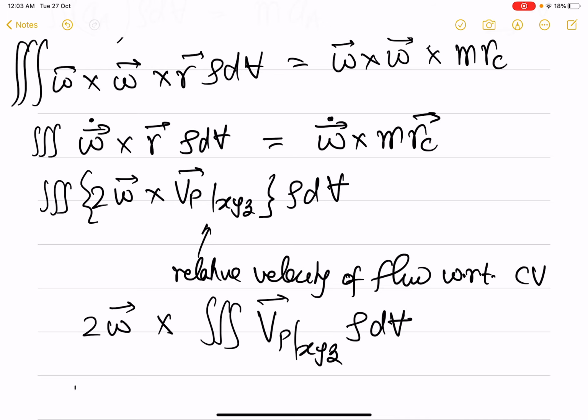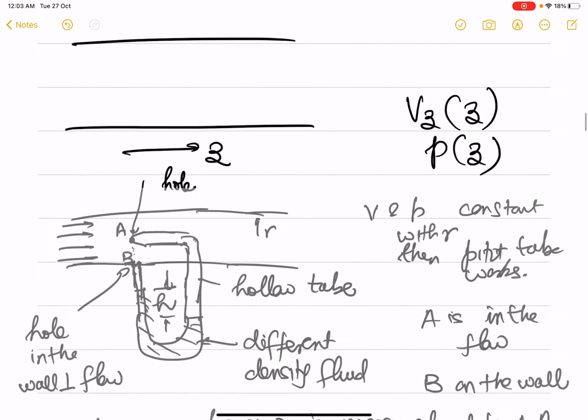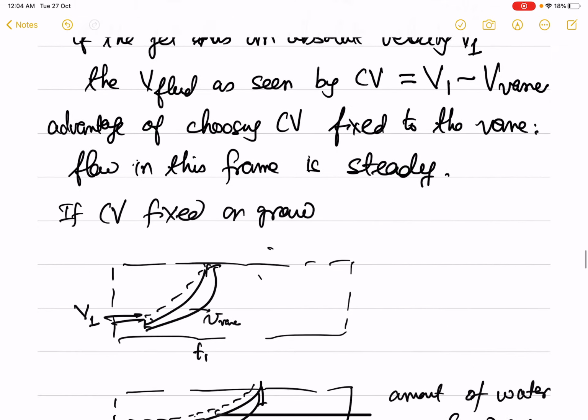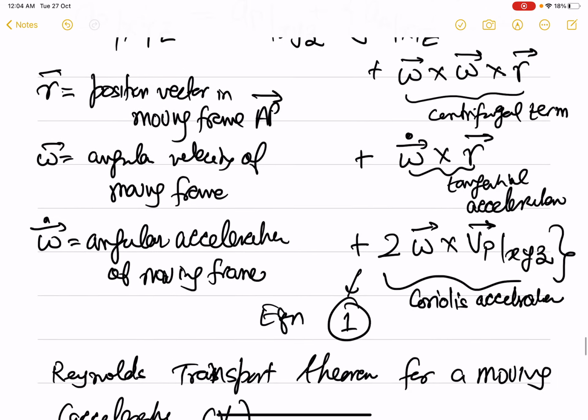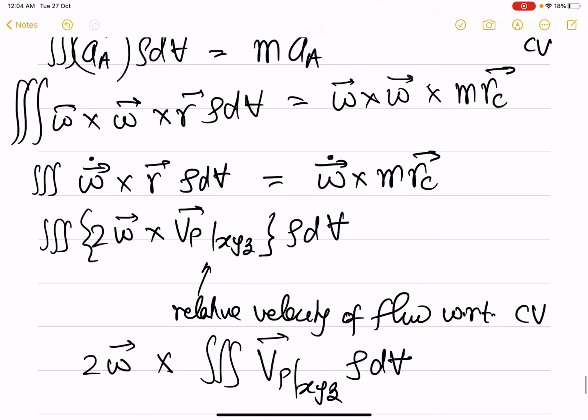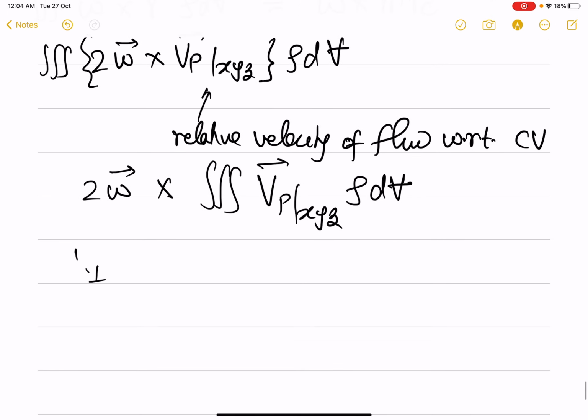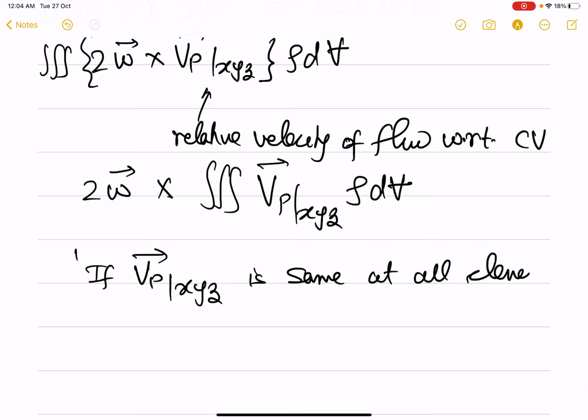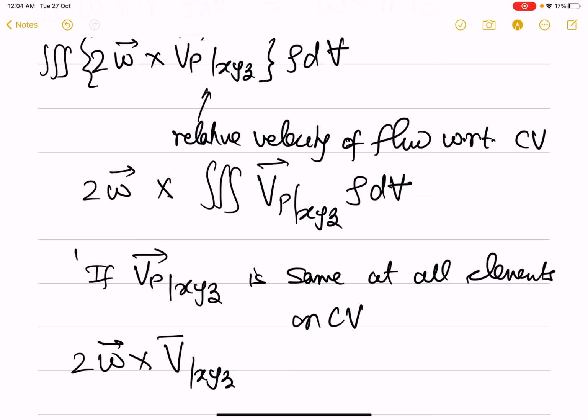If this relative velocity is the same at all elements on the control volume, then we can take it as 2 omega cross V with respect to small xyz times m.